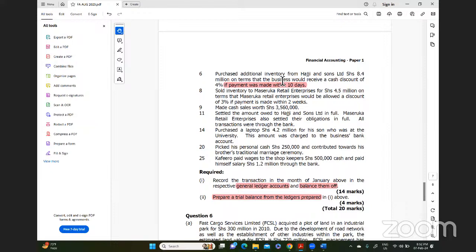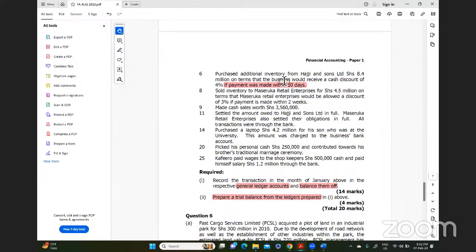We cannot include it. On 25th, which is certainly the last one, Kafero paid wages to the shopkeeper, 500 cash, and also paid himself 1.2 million through the bank. So what are we doing here? We are having wages and salaries.